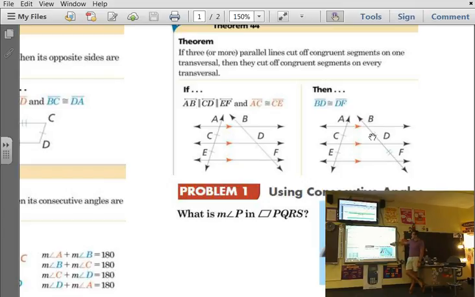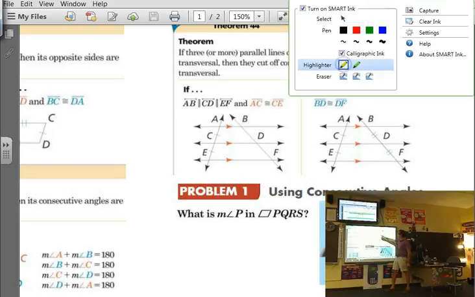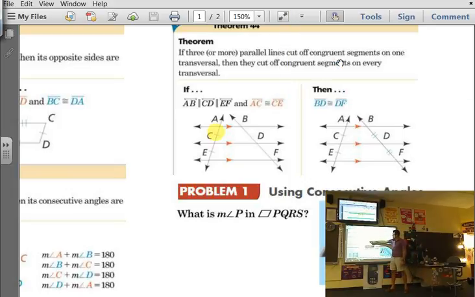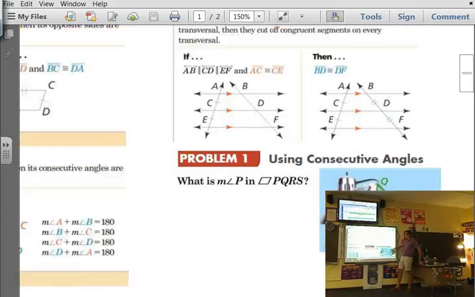If I know BD is congruent to DF, it's because this gap right here, AC, is equal to this gap right here, CE. We're told that. So that means that preserved congruence will be the same on the other transversal. And that will come back into play with our homework.